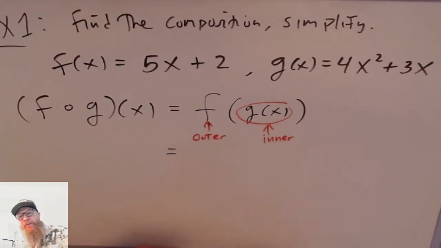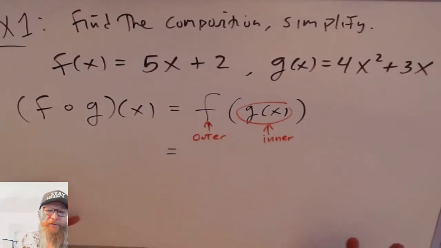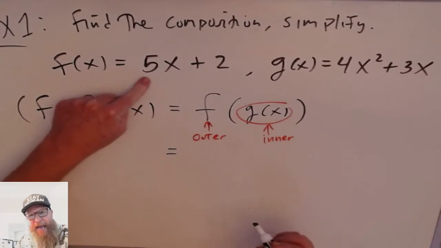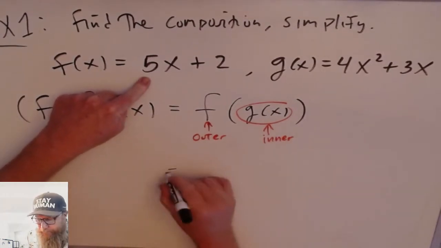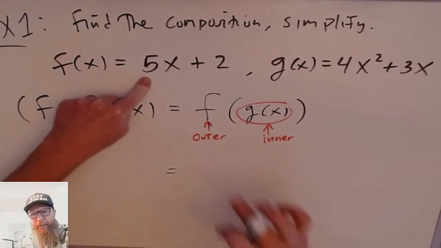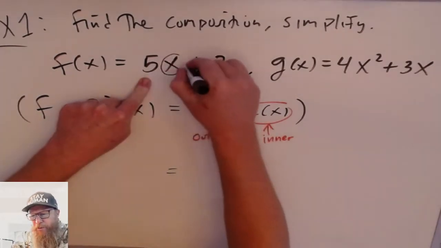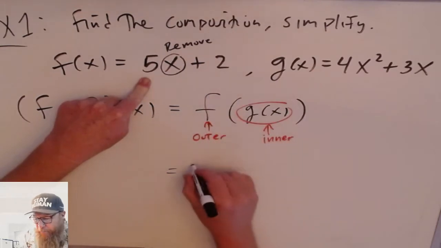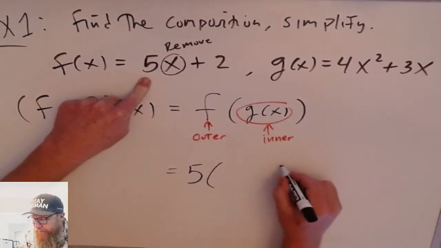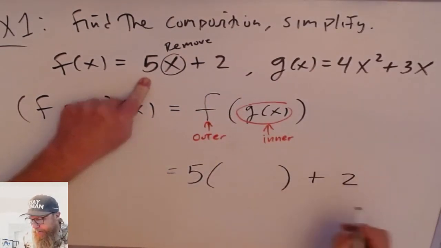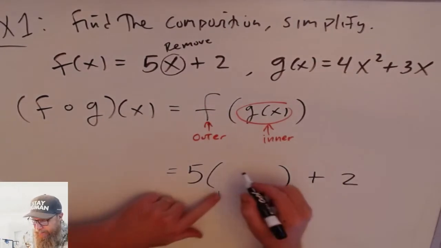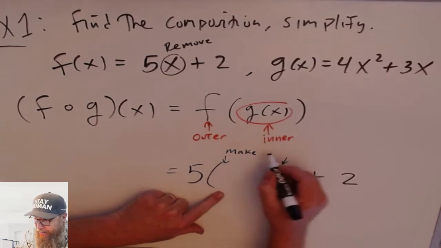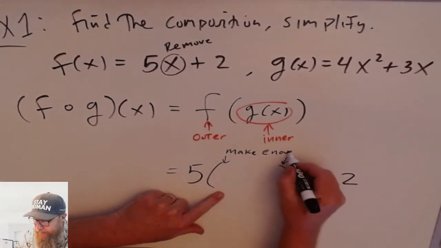When I'm composing, I like to refer to who's on the outside and who's on the inside. So on the outside, it's f. So here's what I recommend doing. Remove the variable and replace it with a big enough set of parentheses to hold g.